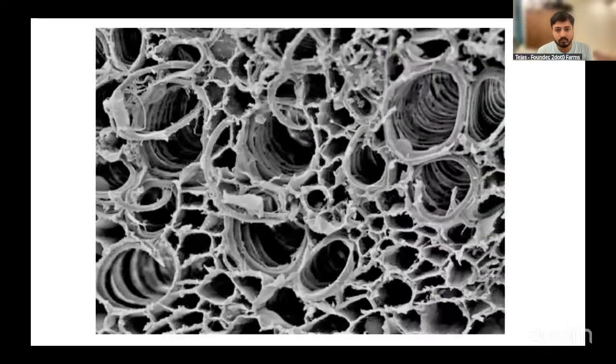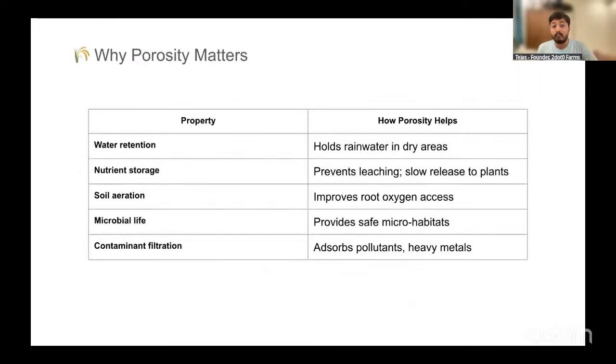This is how some of the pores would look if we are lucky enough to look under a very strong electron microscope. And these are the beautiful images that come out. This infinite surface area, tunnels, foams, every different size of pore plays a different role in why porosity matters.